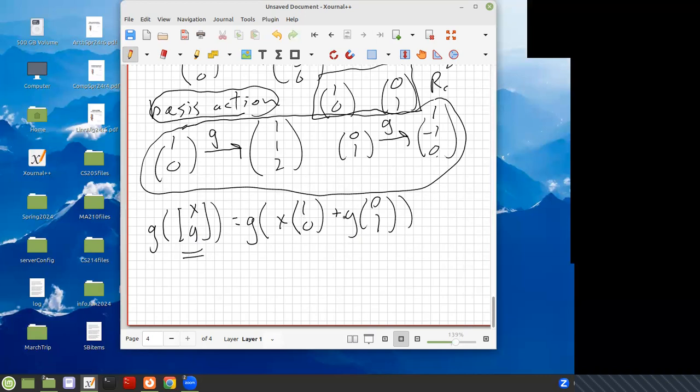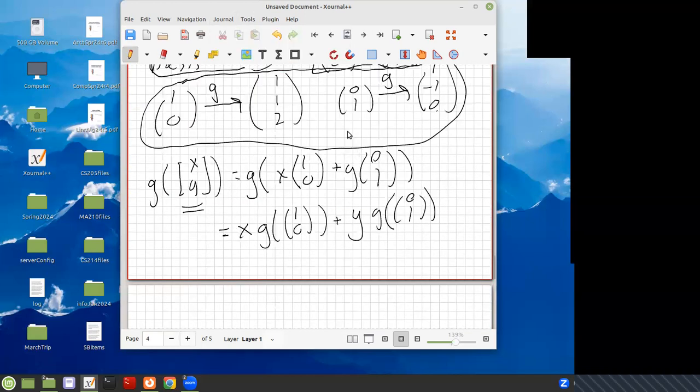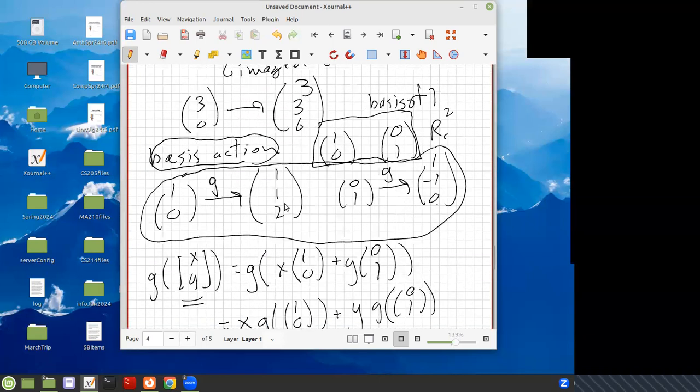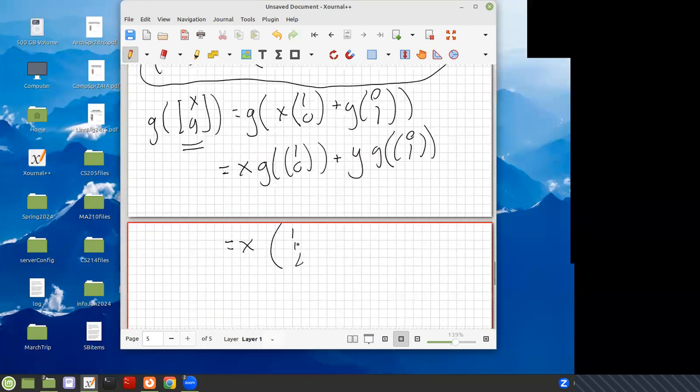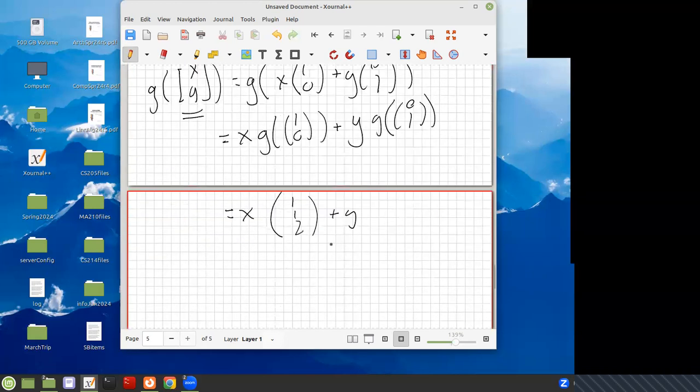Then because G is linear, this has to equal x times G of (1, 0) plus y times G of (0, 1). But I'm given the basis action, right? So this equals x times the image of (1, 0), which is (1, 1, 2), plus y times the image of (0, 1), which is (1, minus 1, 0).